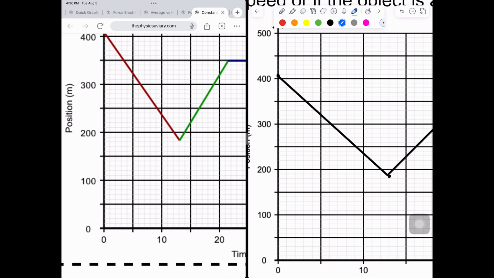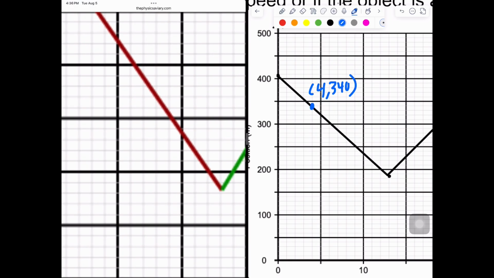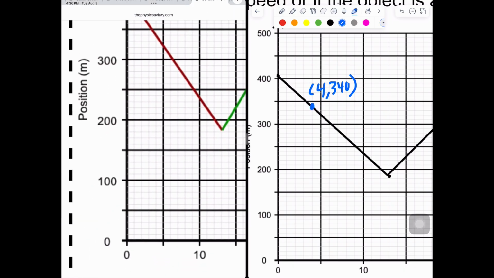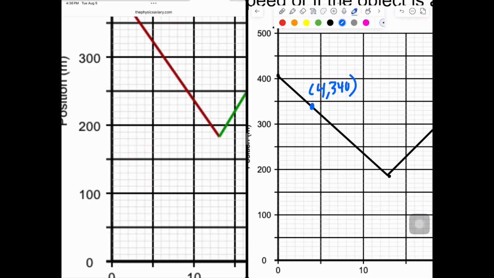It didn't really show up that great on my graph, but at 4 seconds it's 340. And then if I go a little bit further down my graph, I'm liking that point at 8 seconds, 270. That'll be about right there.